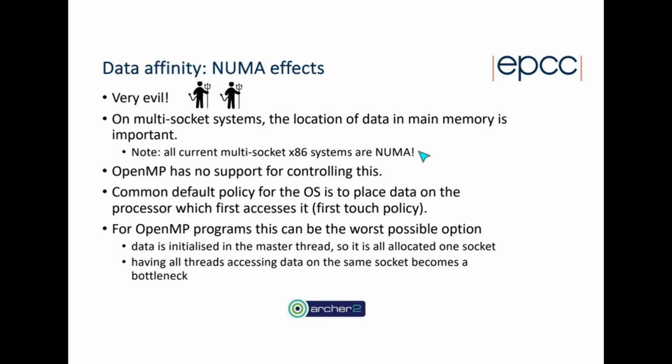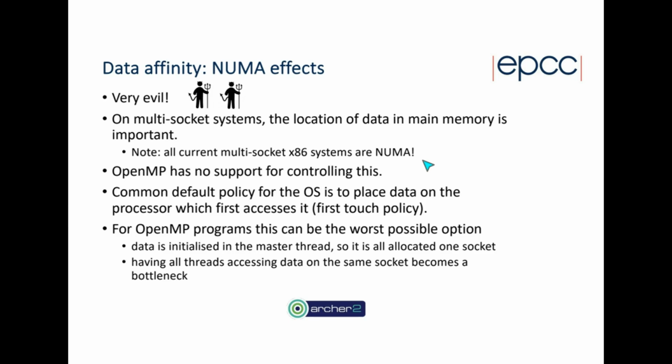Every node on ARCHER2 has 2 chips. Each chip has 64 cores, but the memory attached to each chip is split up into 4 NUMA domains. So every 16 cores are attached to a separate piece of main memory, effectively.